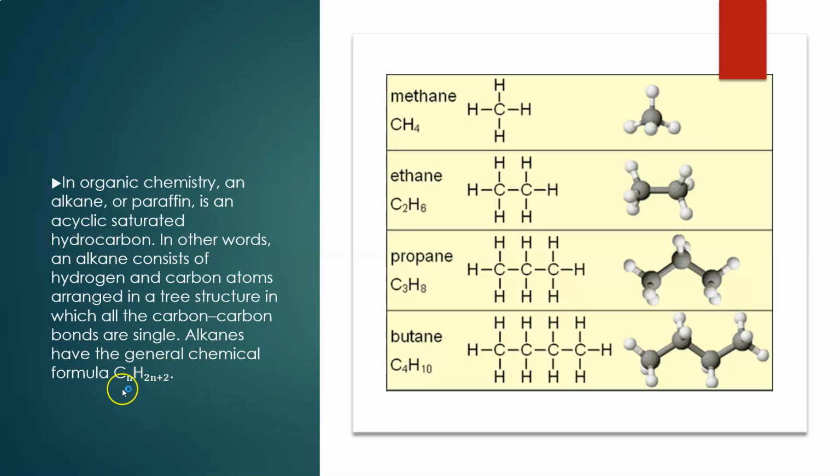The general formula is the one that you can see. Some examples of alkanes are methane with only 1 atom of carbon, ethane with 2 atoms of carbon, propane with 3, and butane with 4.